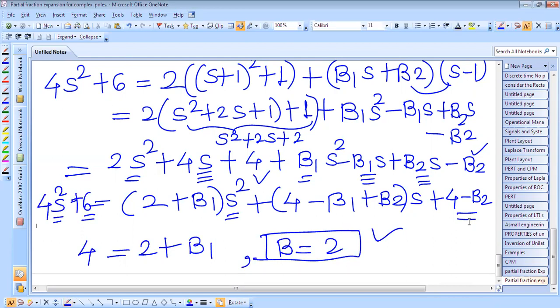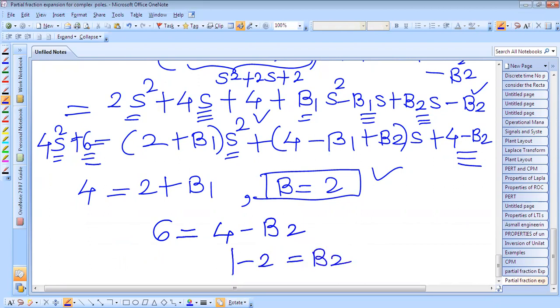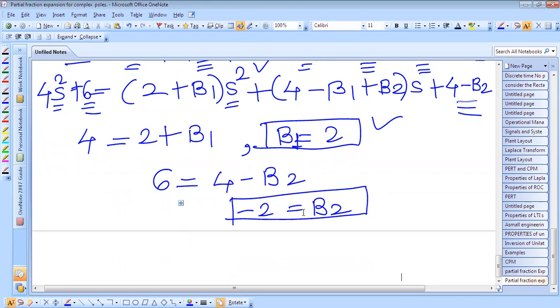There is no s term on the left hand side. Only the constant is there, and the constant is compared with the constant. So 6 is equal to 4 minus b2, and this gives minus 2 is equal to b2. So in this way we have found b1 and b2.